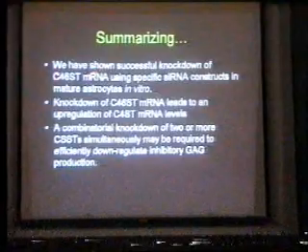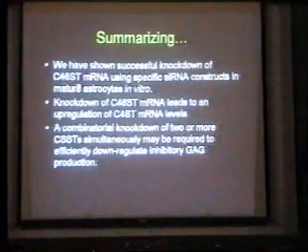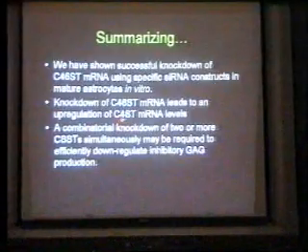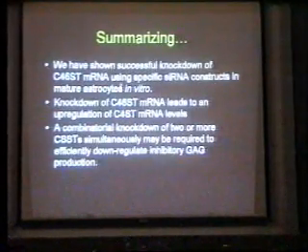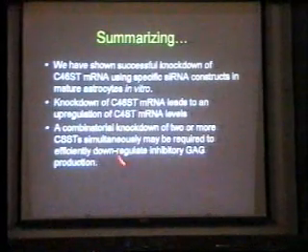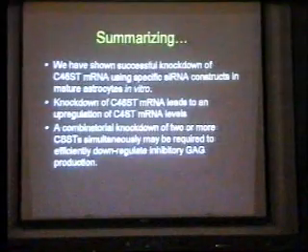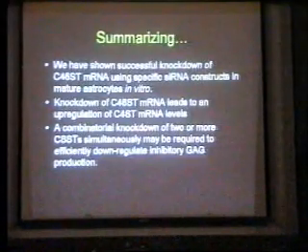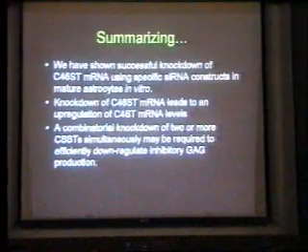So just to show you, we've demonstrated that we can knock down the enzyme, and knockdown leads to upregulation of another inhibitory mRNA. It's not as inhibitory as this one, but also inhibitory. So we would like to knock both of these down, I think, when we go in vivo. But this could be an approach to more selectively get rid of only the inhibitory part and not digest away the whole CSPG. We think it's a more elegant way to go.